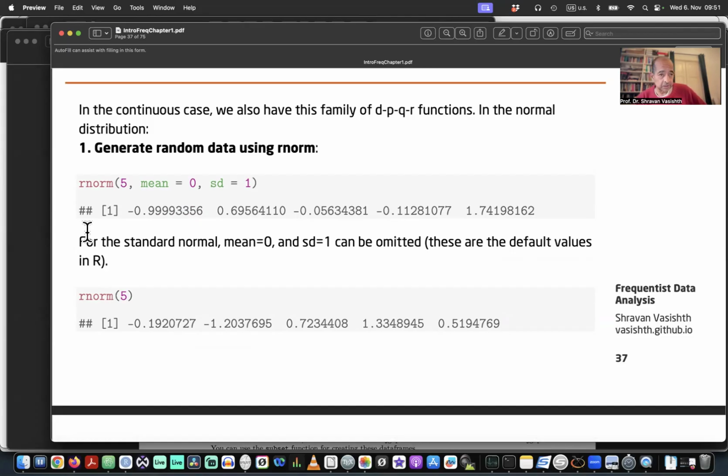Okay. So how does this work? Let's take the standard normal again, right? If I want to generate 5 random data points from the standard normal distribution, I'm doing that here with the rnorm function, right?